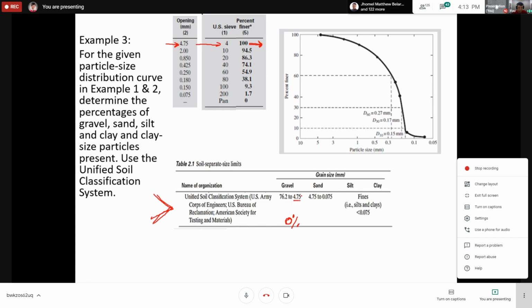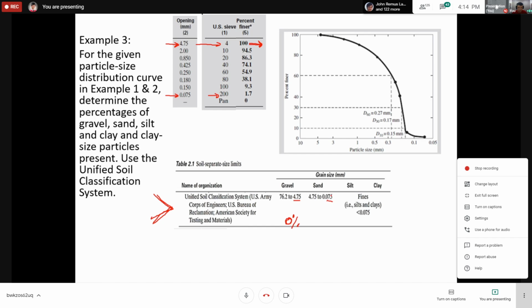So the next boundary is 0.075, which is sieve number 200. Again, this was in the example earlier, so you can recall it or replay it in the recording later on.